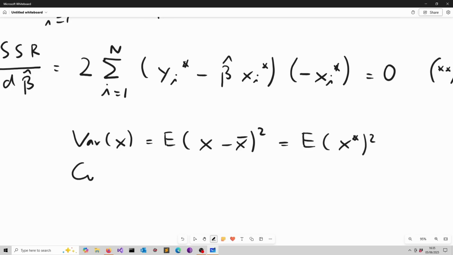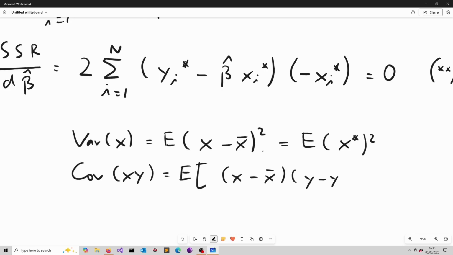Now the covariance of xy is the expected value of x minus x upper bar, y minus y upper bar. And again, because we can work with standardized variables, we would have the expected value of x star y star. This is basically what we need here.